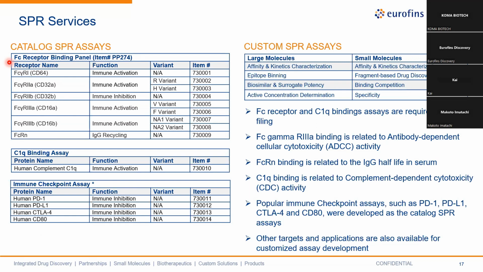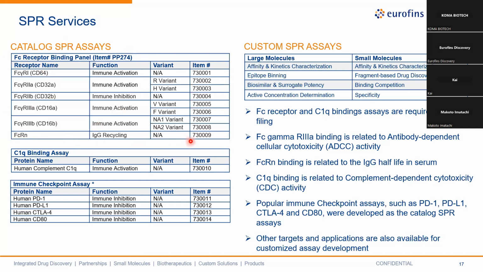We have a very complete assay with different kinds of variants, the major variants. In total, we have 9 variants, a very complete binding panel here. You can order individual assays as well. Like if you are specifically interested in the FcRn receptor, you can order this receptor only. So it's a very complete profile here.